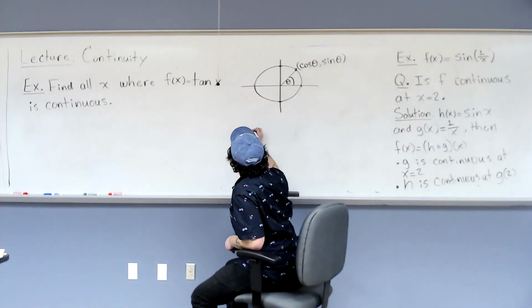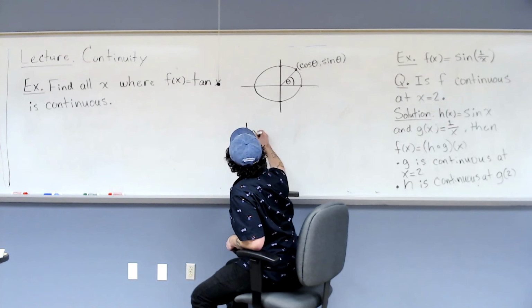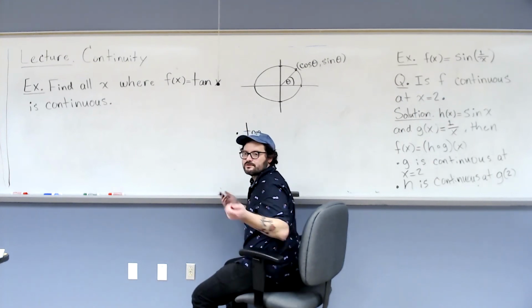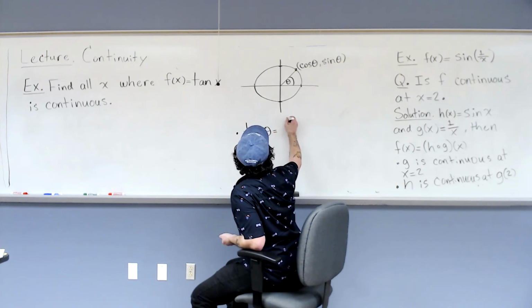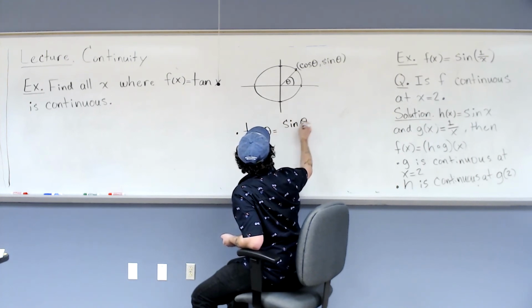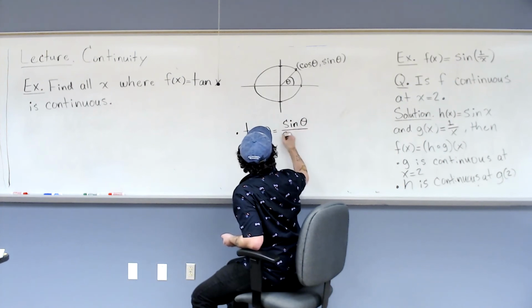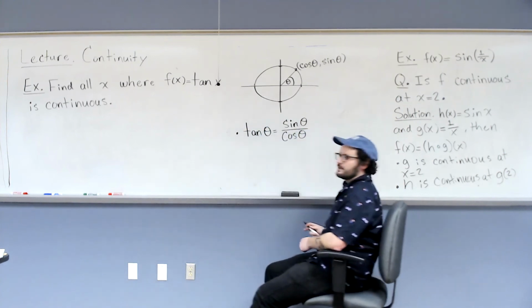And then next, you need to recall that tangent of theta, or x or whatever variable you choose, I'll use theta because I used theta up here, is equal to sine of theta divided by cosine of theta. That's the definition of the tangent.